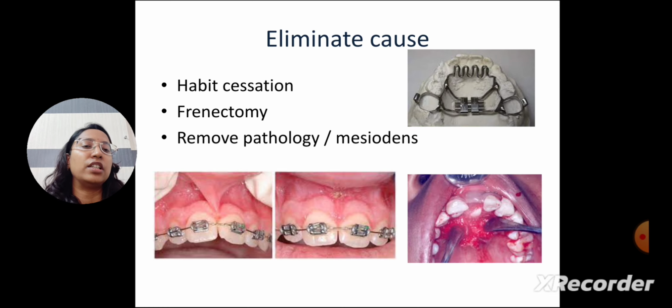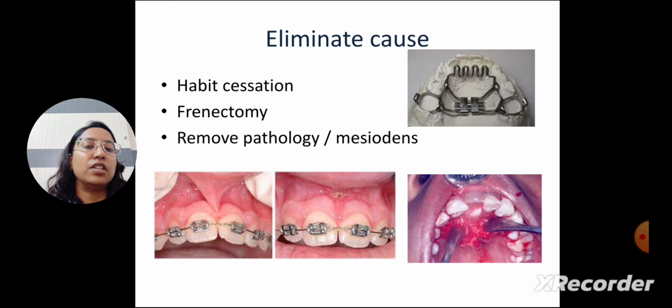Once we know the etiology, our first step in correction of the midline diastema is to eliminate the cause. In case of habits such as tongue thrusting or thumb sucking, we give habit breaking appliances, something like a tongue grid or tongue spurs, so that the habit is eliminated. Once the habit is eliminated, we can do active correction of the spacing.